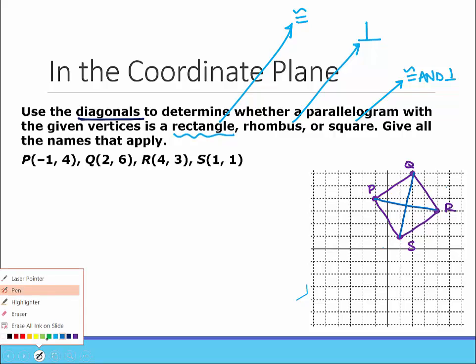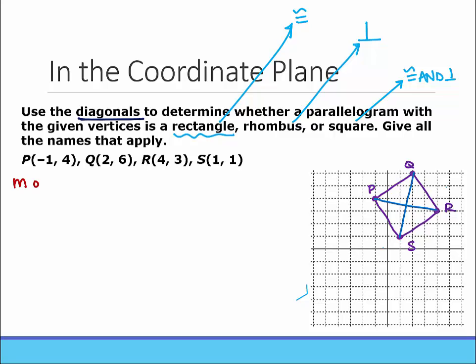So let's find out if they are perpendicular first. So I want to find the slope of QS. In order to do that, I'm going to do rise over run. I'm going to go up 1, 2, 3, 4, 5 over 1. And then I've got to find the slope of PR.